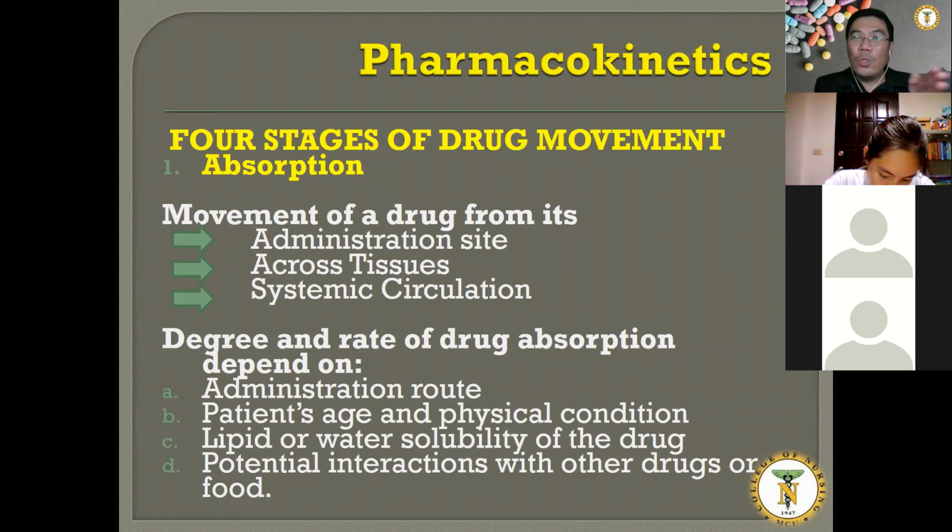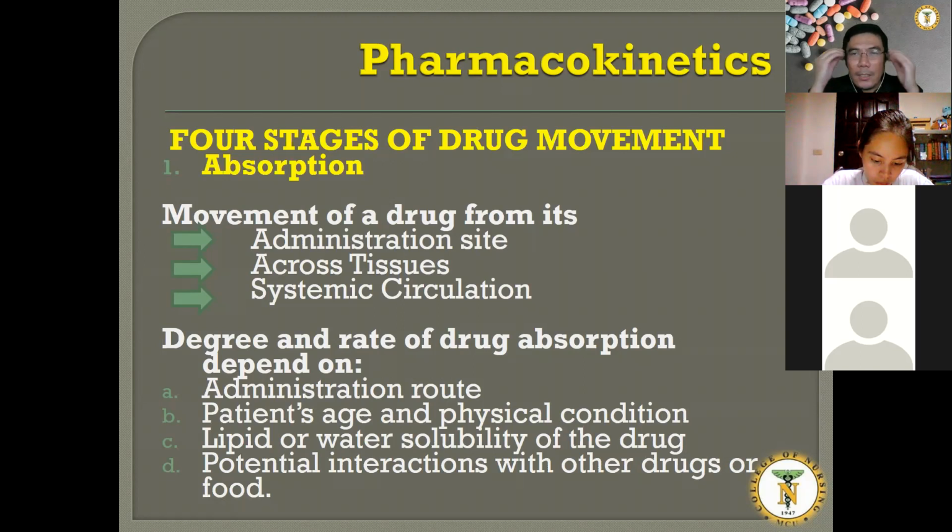The shorter the pace of the drug, the greater the chance that it reaches the maximum concentration level. So remember, absorption is AAS: A, administration site; A, across tissues; S, systemic circulation. It means from the start that it has been given until it reaches the blood.